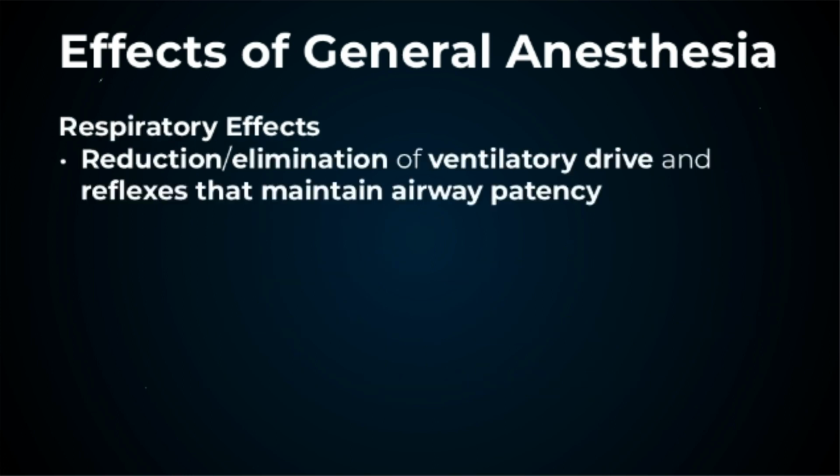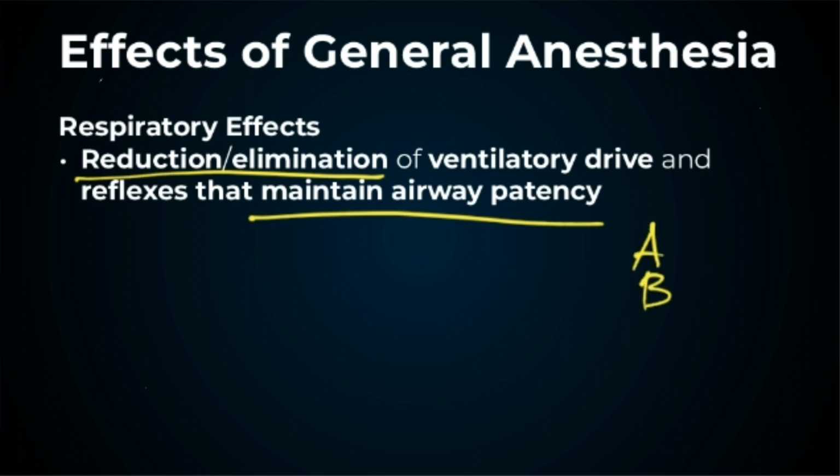General anesthesia also has respiratory effects. One of the most important is its reduction or elimination of the ventilatory drive and reduction in the reflexes that maintain airway patency. In times of extreme stress, you do not want a patient who stops breathing. If you remember, in times of emergency, when we resuscitate a patient, A stands for airway.